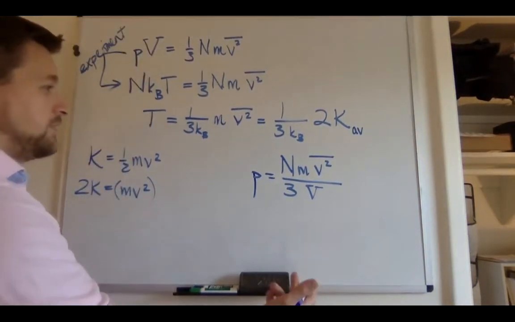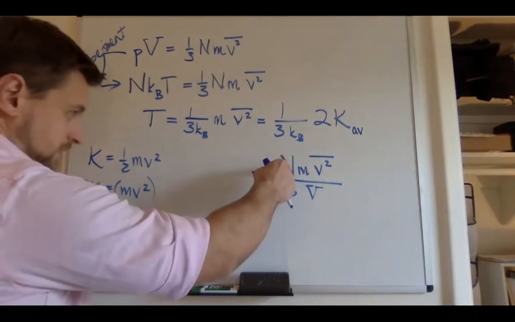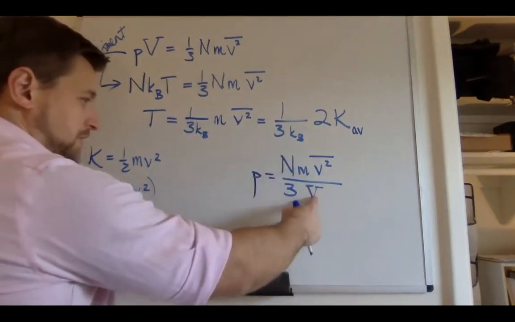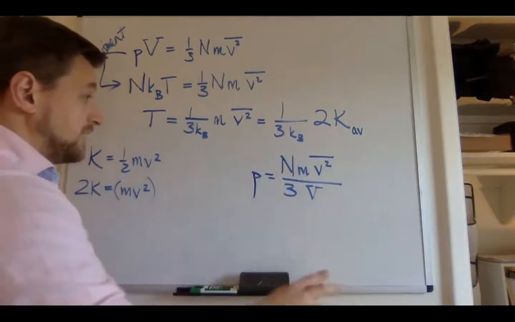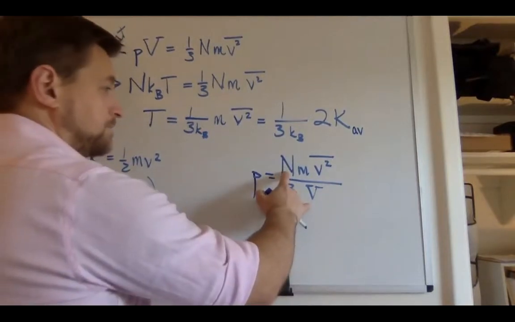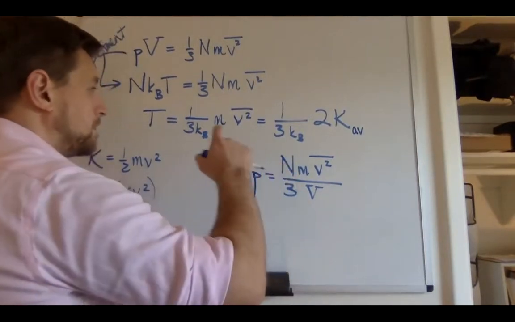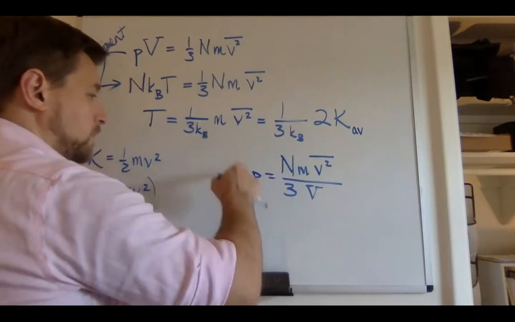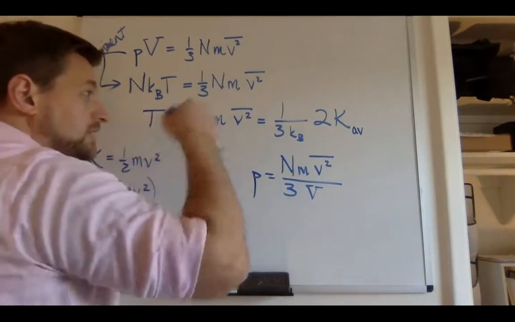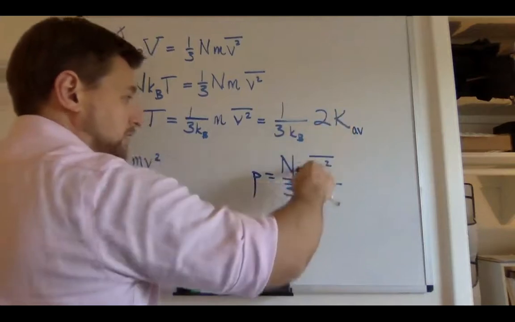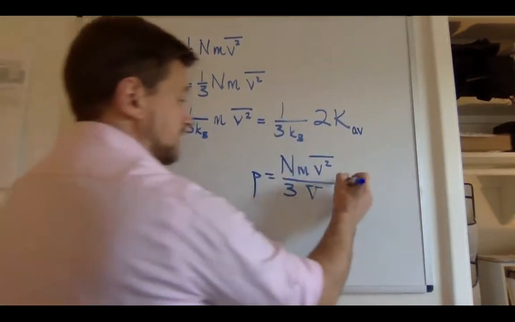And that's the 4 state variables. The number of molecules and the volume, we're given those things. That's fine. Pressure and temperature in terms of the molecular properties. We could do the same trick here with kinetic energy.